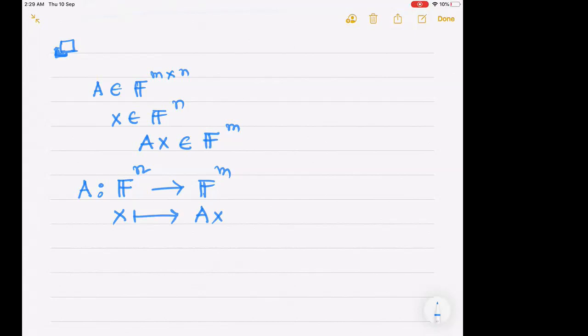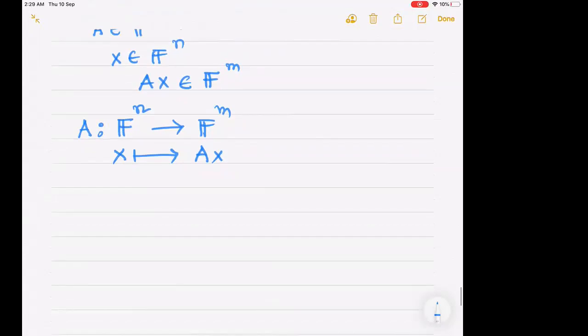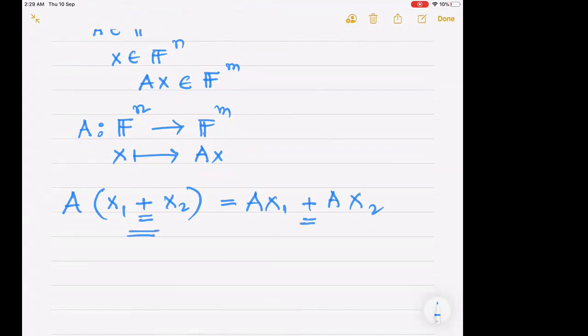This mapping is special because it satisfies certain nice properties. If I take two vectors and sum them, and then make A act on them as a mapping, the law of matrix multiplication tells us that this is nothing but A times x1 plus A times x2. Notice that this plus is happening in Fn, the domain of A, whereas this plus is happening in Fm, the codomain of A. But A distributes over the addition in the vector space.